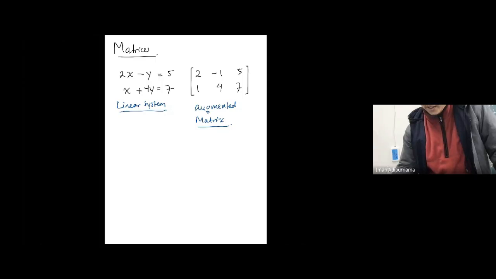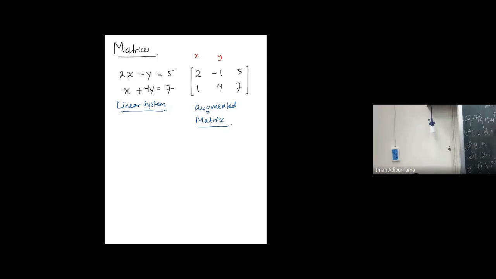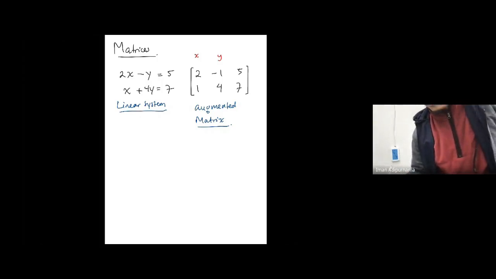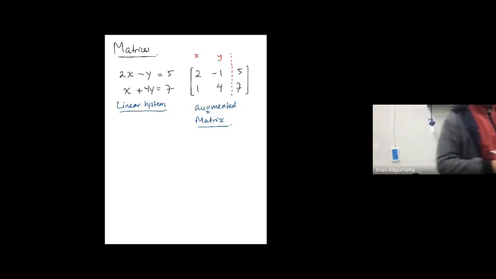So actually this is x, this is y, and this is the result. But the way you write the augmented matrix is just this column: 2, negative 1, 5, 1, 4, 7. That's the augmented matrix of the system.